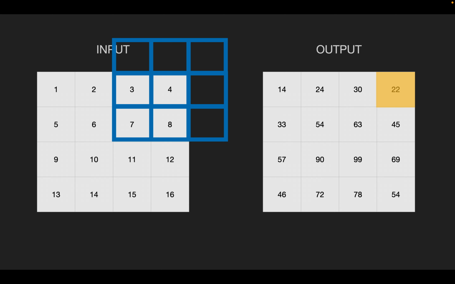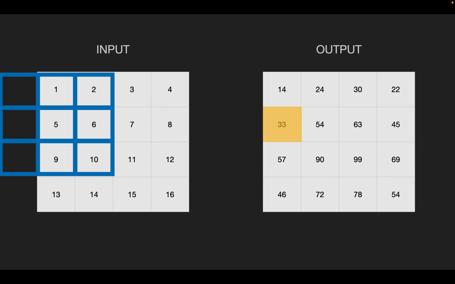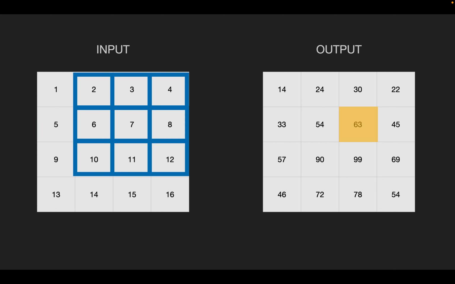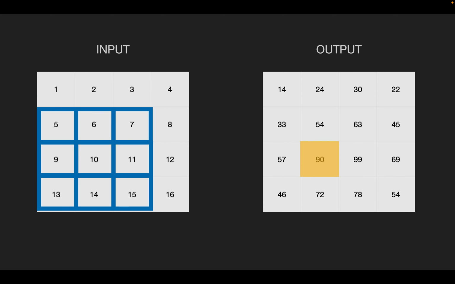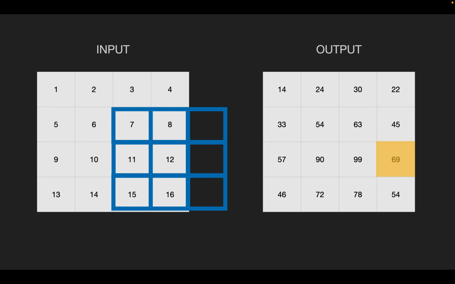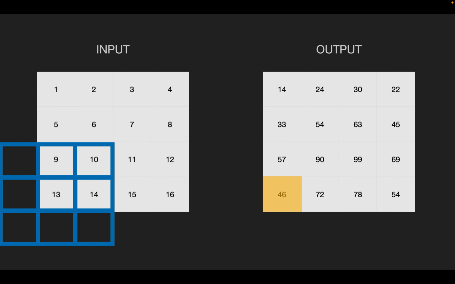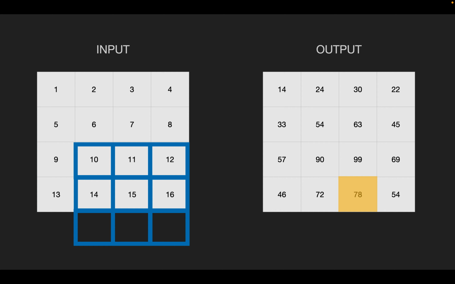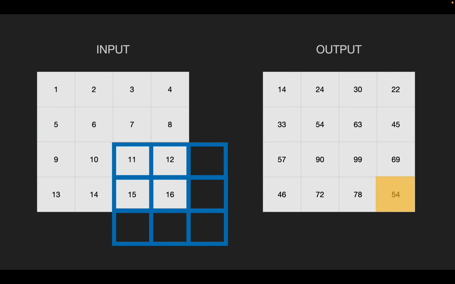Notice as the filter gets closer to the edge, the output gets smaller typically because we're summing fewer elements. Every time we make a summation, we're summing k by k elements, basically.